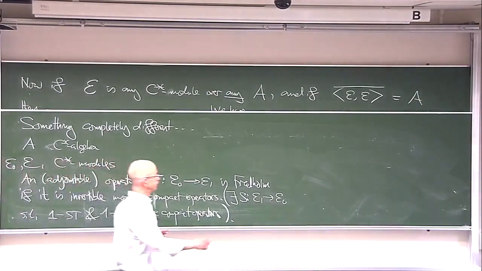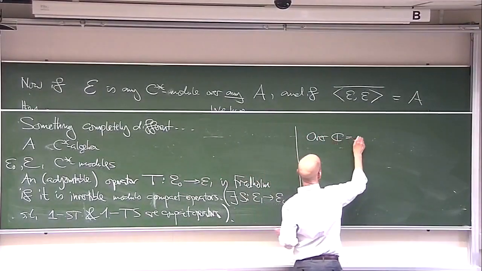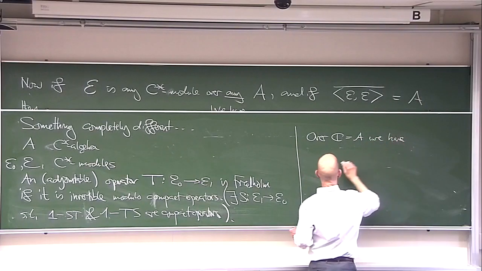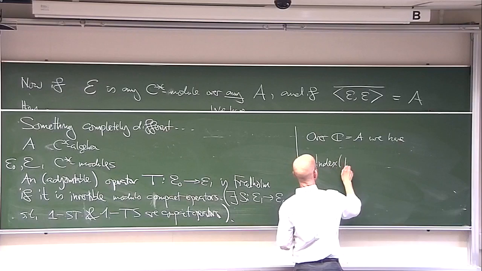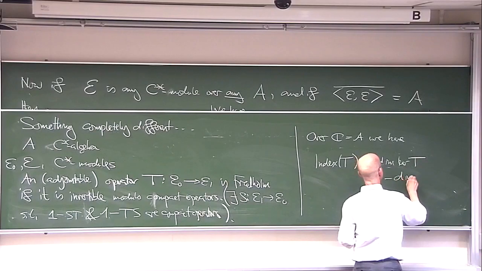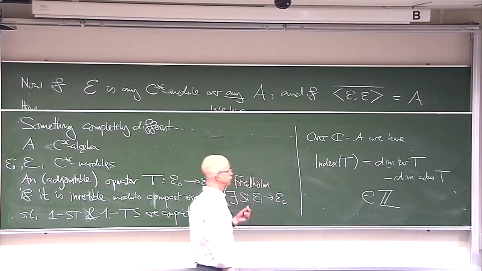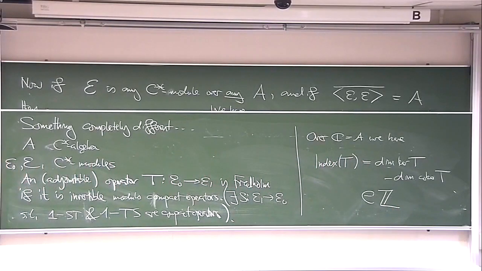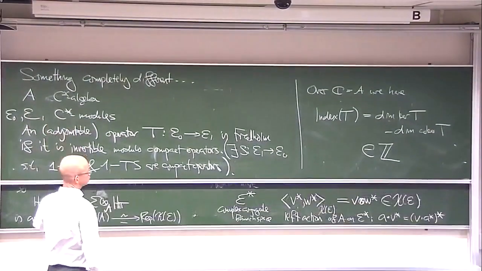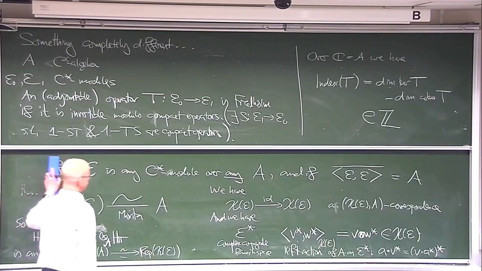So over C, each such operator has an index, which is the dimension of the kernel of T minus the dimension of the co-kernel of T. It's an integer. These operators have discrete invariants of this type, and we want to do something similar here. And that's the context of this definition.